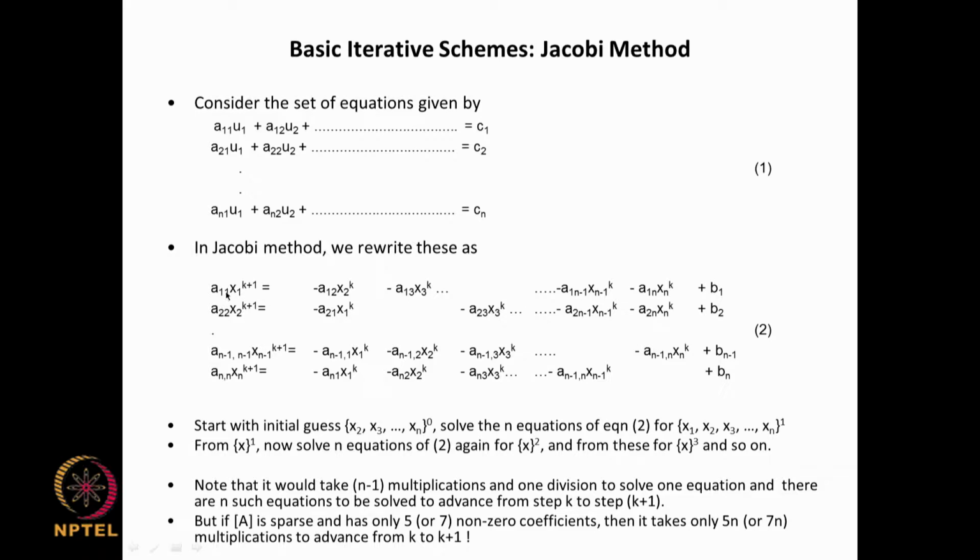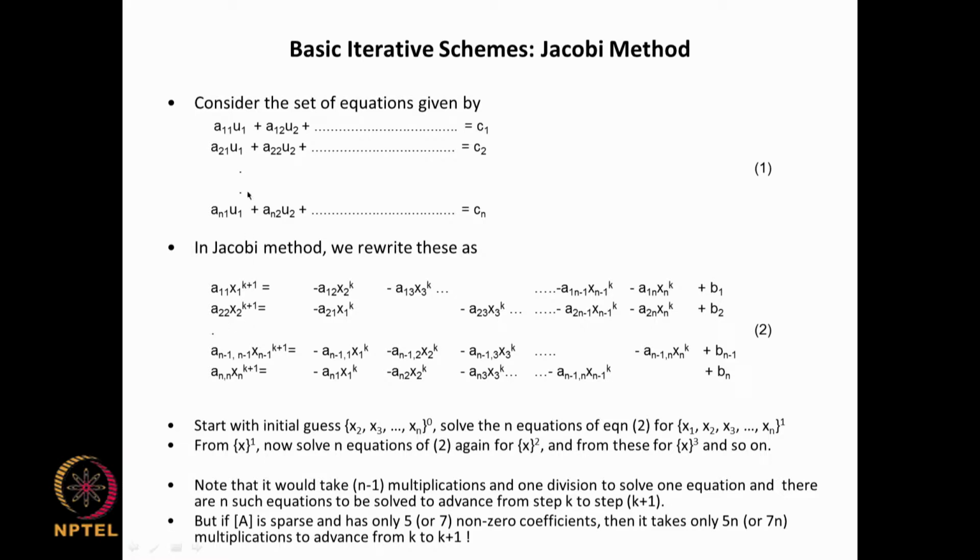From this we get x1^(k plus 1) as minus a12 divided by a11 times x2^k minus a13 divided by a11 times x3^k and so on plus b1 by a11. So all the right hand side is computed and you divide by a11 to get x1^(k plus 1). There is no inversion as such in this.